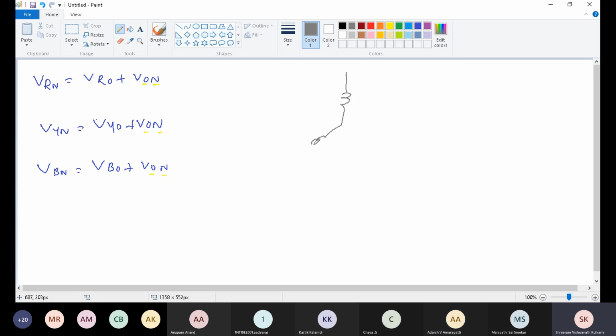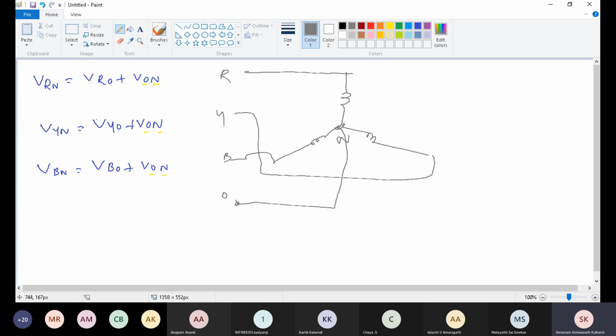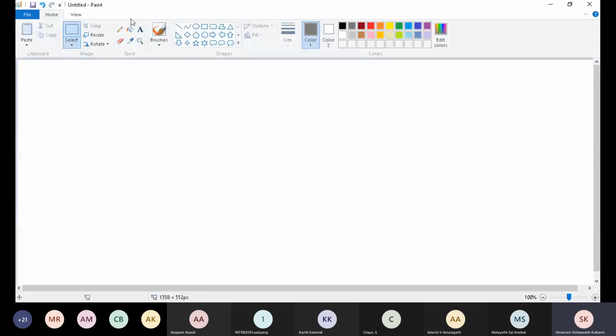If this is my star connected load and this is my RYB and a neutral supply O, I'm going to connect the R to this, Y to this, and B to this. This is N. If I connect this one to here, what is the voltage between N and O point? That is this one, VON. In the question they have asked VRN, VYN, VBN. Now we need to calculate those. Okay, first.